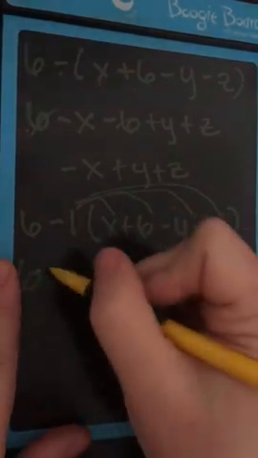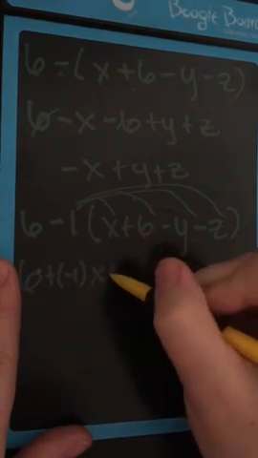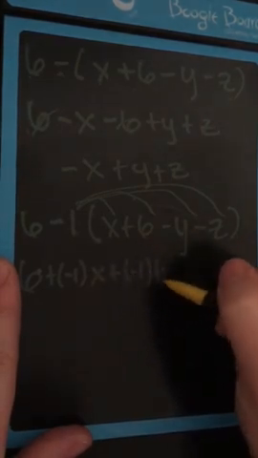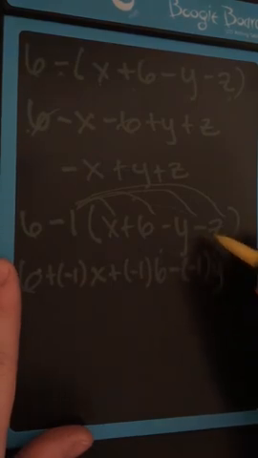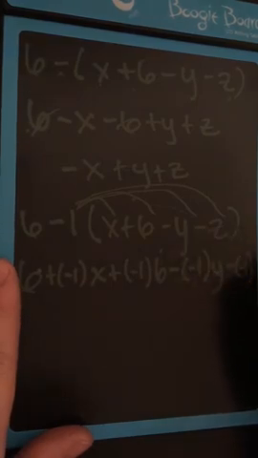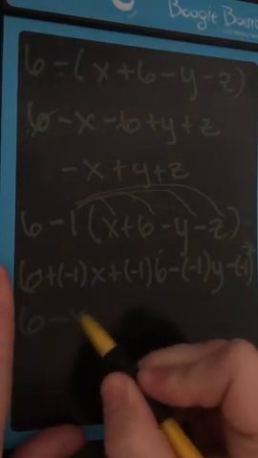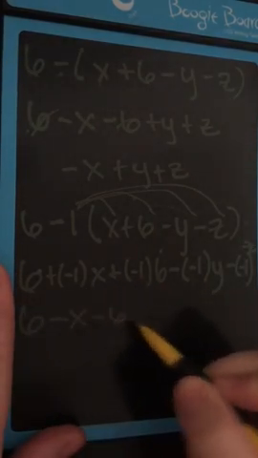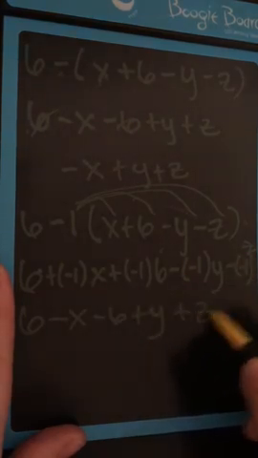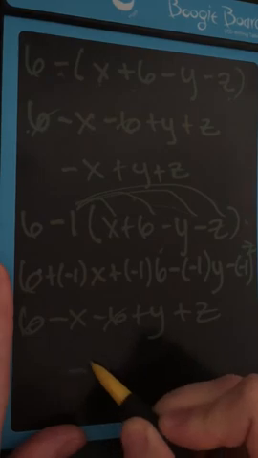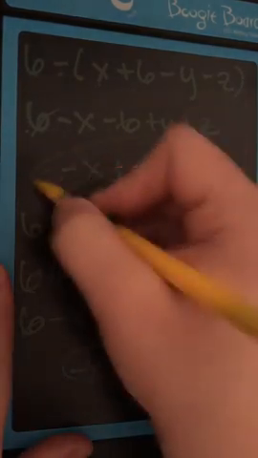So we have 6 plus negative 1 times x plus negative 1 times 6 minus negative 1 times y minus negative 1 times z. So we come up with 6 minus x minus 6 plus y plus z. We can cross these, we get negative x plus y plus z. So we come to the same conclusion here.